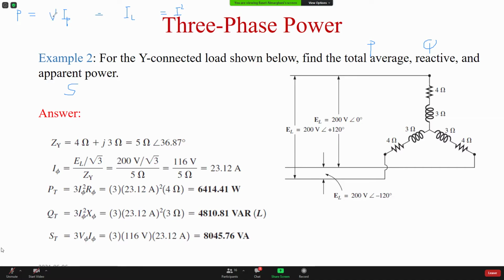So it's either V phase, I phase times 3 cosine, or V line, I line times square root of 3 cosine, or 3 I squared R. So always you need the current, one of the currents at least. Now this is a Y-connected load, so the line current is going to be the same as the phase current.